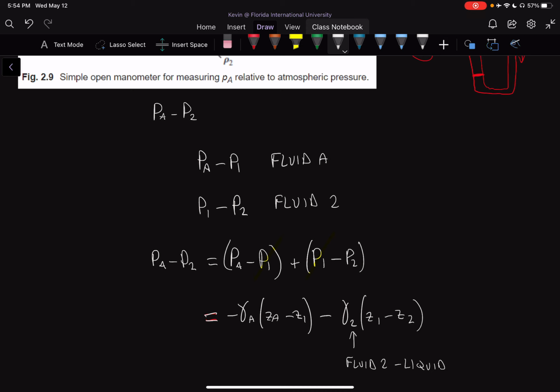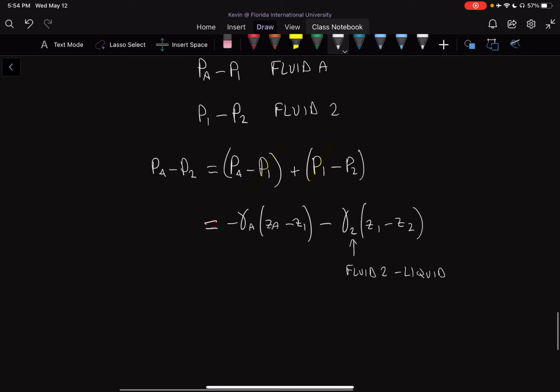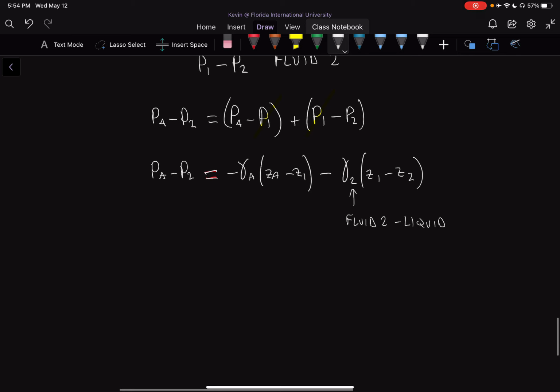Okay, and now we have this equation here. So now we can write out the whole equation. PA minus P2. Let's rearrange this, with PA and everything on one side and everything being equal to atmospheric.